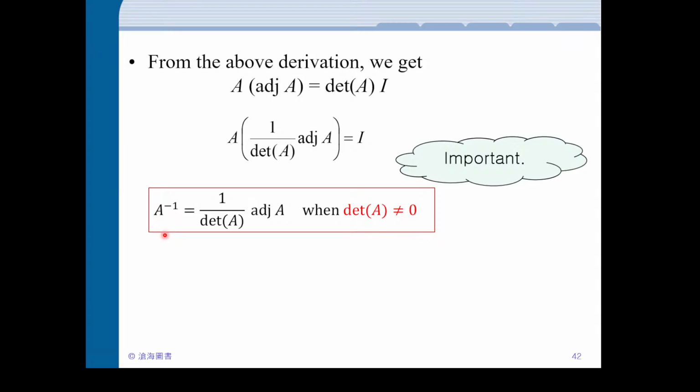But this only works when the determinant of A is not equal to 0. So once again, we see why the determinant of A needs to be not 0: the determinant of A equals 0 if and only if A is singular. Because if the determinant of A equals 0, then you cannot calculate A minus 1.